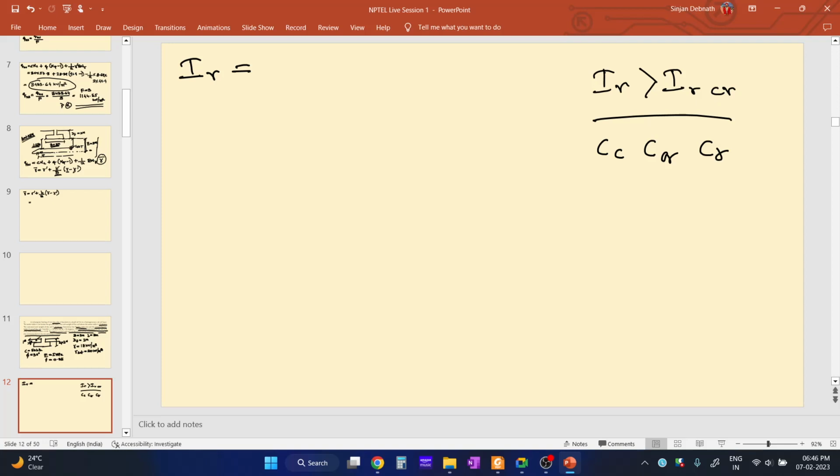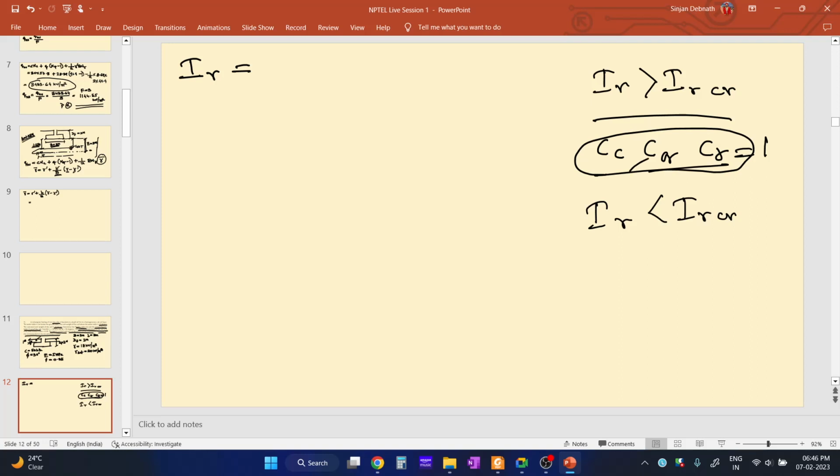Now, if the rigidity index is greater than the critical rigidity index, all these factors become one, because the soil is very stiff and more or less not compressible. But when the rigidity index is lesser than IRCR, we need to find these factors. Cc, Cq, and C gamma will all be lesser than 1.